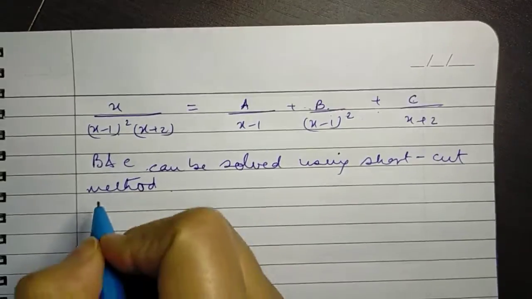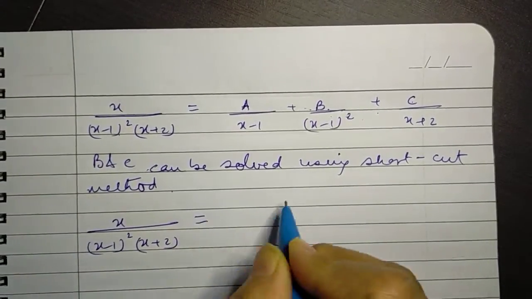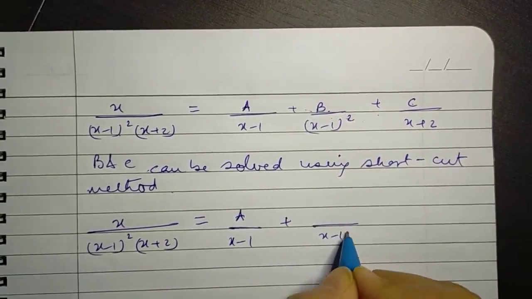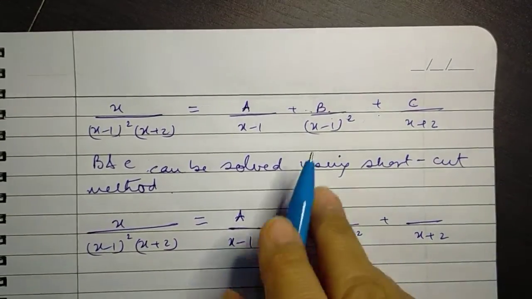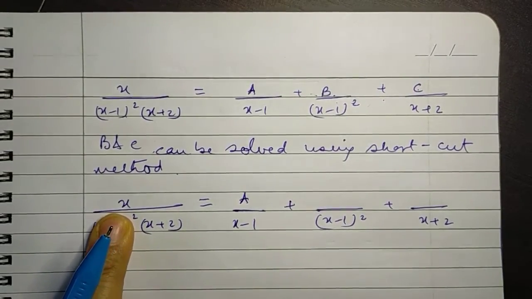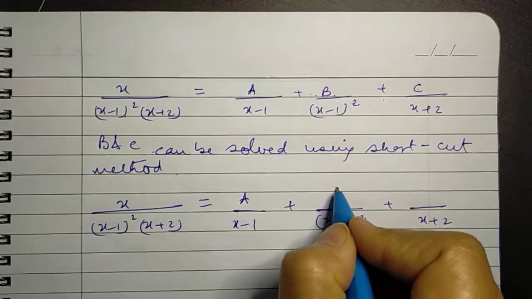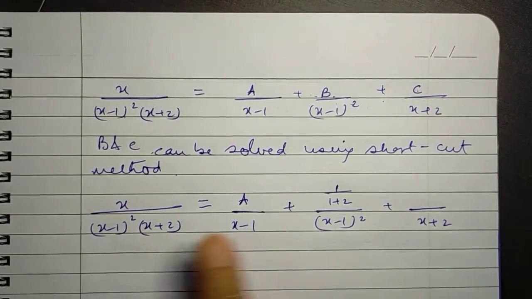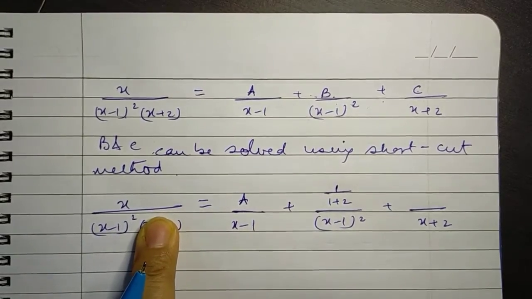So what do we get? We get x equal to a times x minus 1 whole square into x plus 2, and this remains as it is. Now we have to solve these two terms, the values of b and c. For b, we just leave this x minus 1 whole square, and in the remaining part we put x equal to 1. So we get 1 upon 1 plus 2. Same way for x plus 2, in the remaining part we put x equal to minus 2.